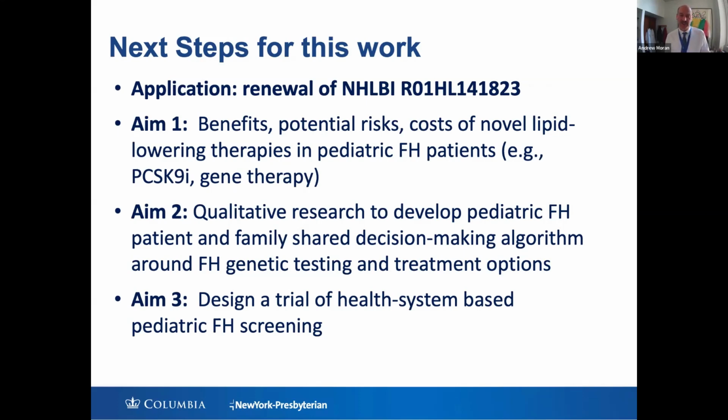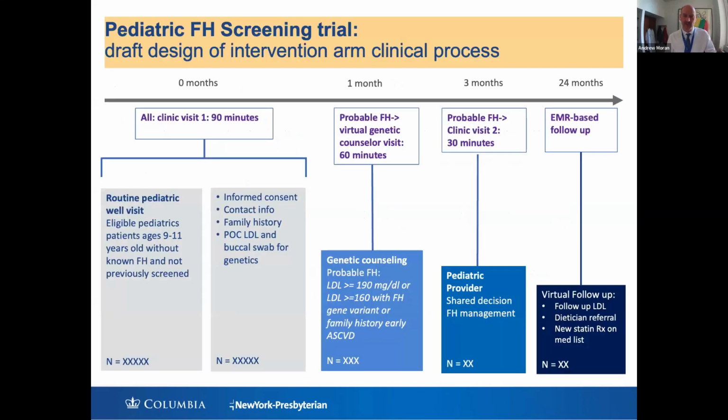In aim 2, we're using qualitative research to develop a pediatric FH patient and family shared decision-making algorithm around genetic testing and treatment options. And aim 3 is using our simulations to design a clinical trial in a much more nitty-gritty way than the rough schematic that I showed you, including some of the information we're gathering about implementation barriers during our aim 2 qualitative research.